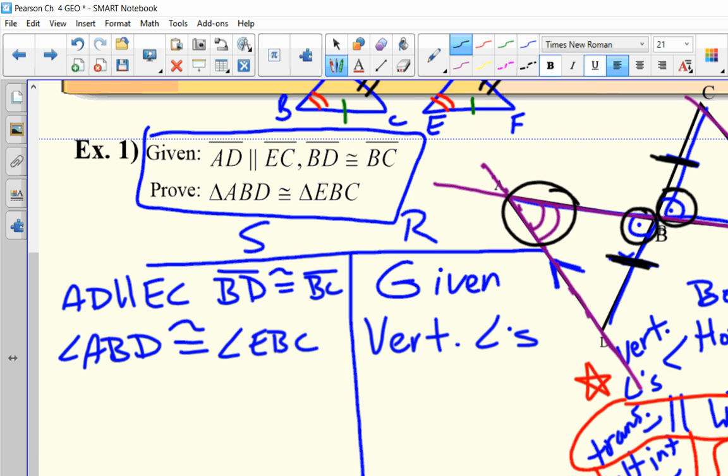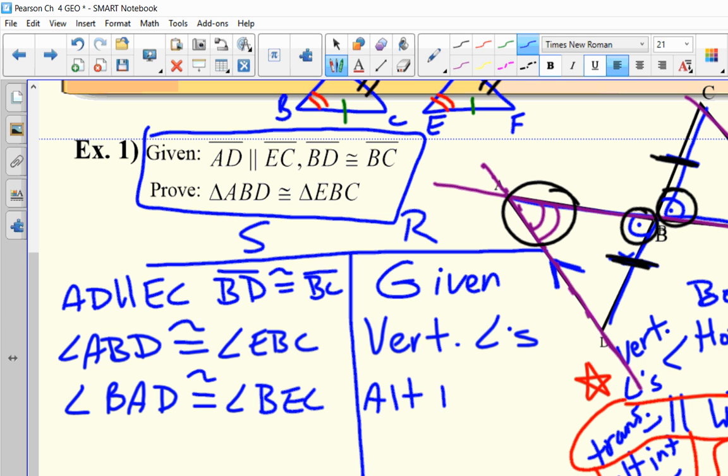Okay, while you're thinking about that, we got to write down the angles that are going to be equal here that we just did. So I'm going to go angle BAD is congruent to angle BEC, and that was by alternate interior angles.